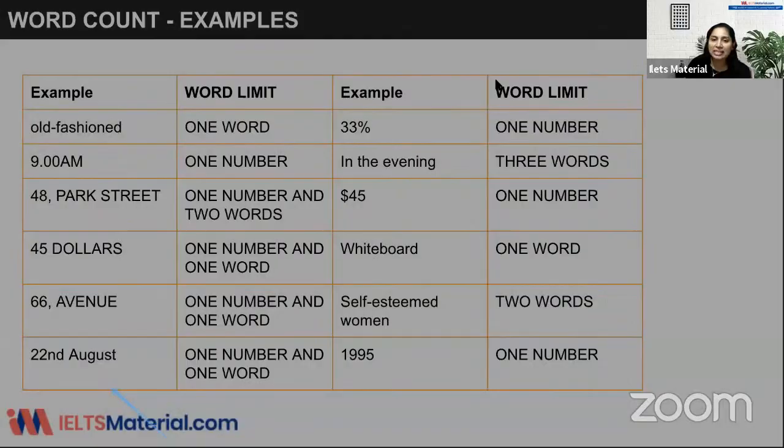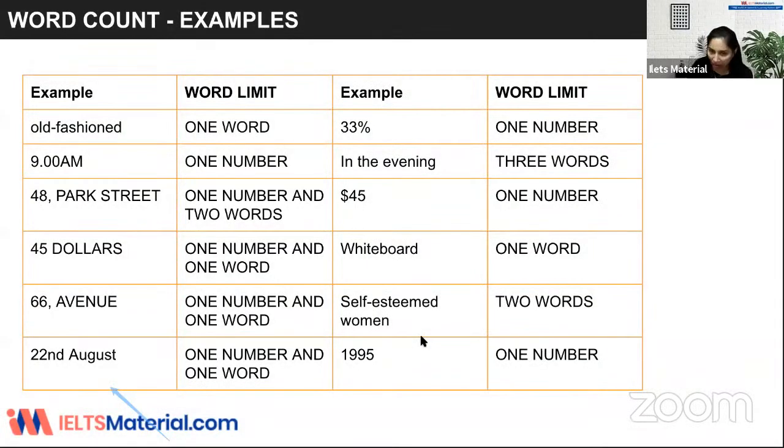Now the last one is a small table that I have described, which clearly describes when a word is considered as 1 word, and how you are going to consider a number as 1 number. If I have to take a symbol, where can I use the symbol? Let's go with the examples as well as the word limit.